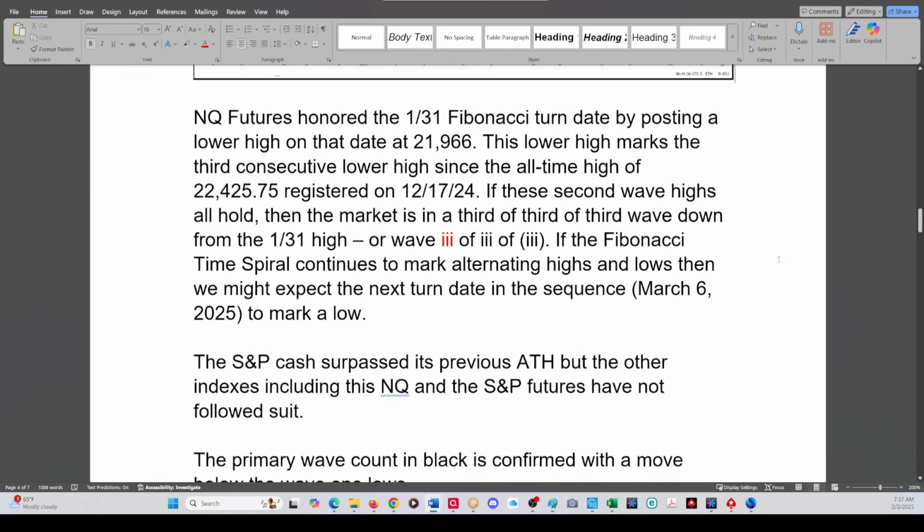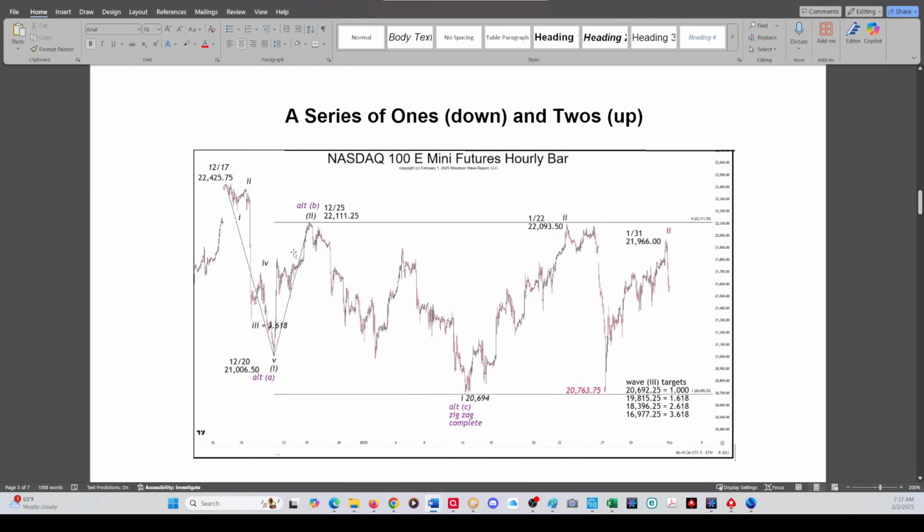Oh, the alternate count in purple. There's the all-time high. There's an A down, a B up, and a C down, which is a zigzag, which is a completed correction. This would be one up and this would be two down, and then it's proven correct when it goes above this high right here.